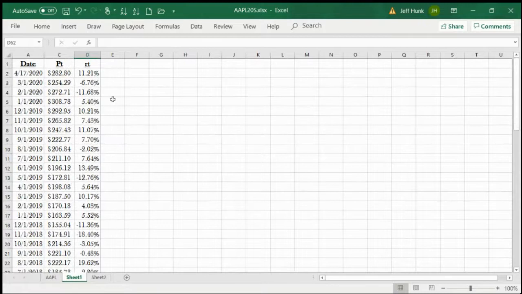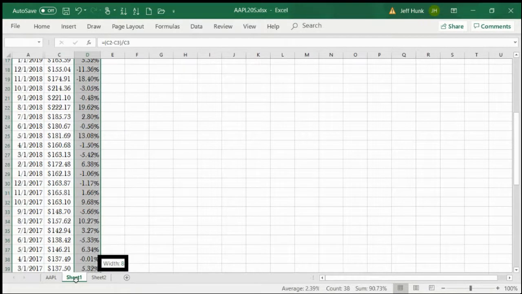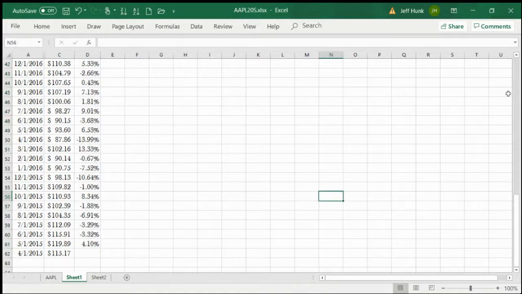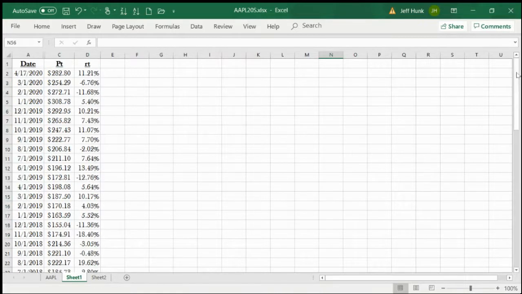As long as we have 60 data points, right? I think that's 60 monthly data points. There are 60 of them, right? Because 5 years is 60 months, right?